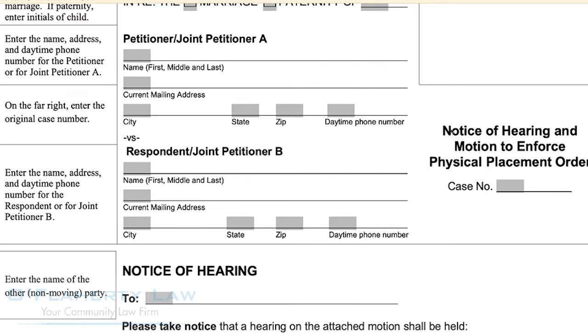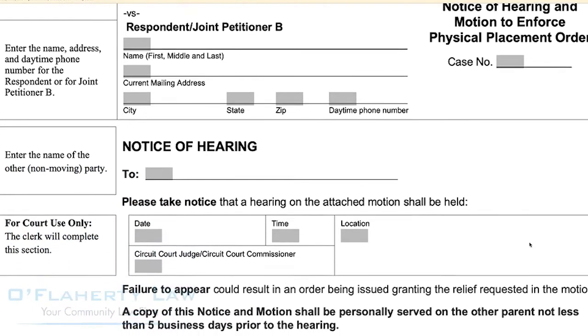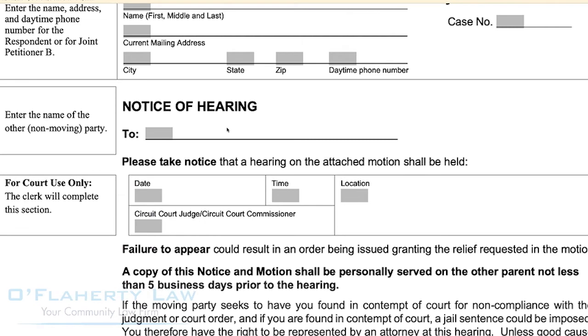And on most motions, you need to have a motion hearing. And that means that you have to notice the other party that there's going to be a hearing. So you start with the notice of hearing to whoever you're moving against, the other party.